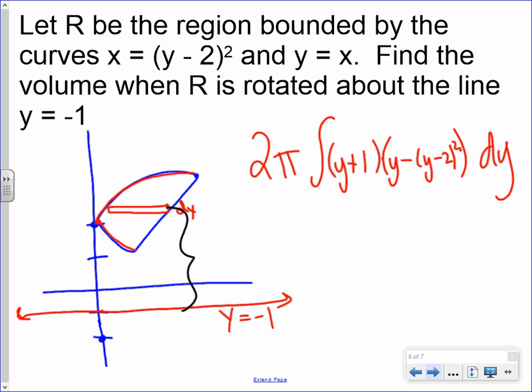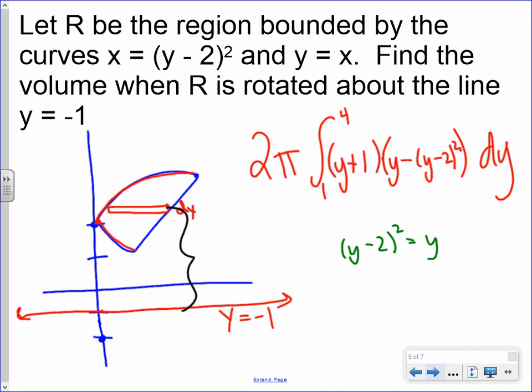Ooh, limits of integration. Limits of integration. 1 to what? 5? 4? 2? Oh no. 4. Let's look at this. We need y minus 2 squared to equal y.